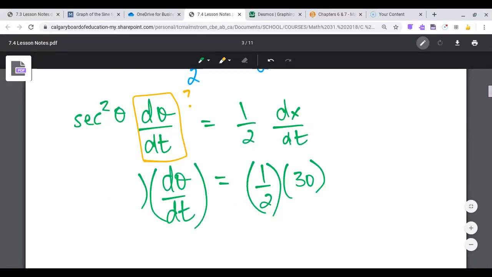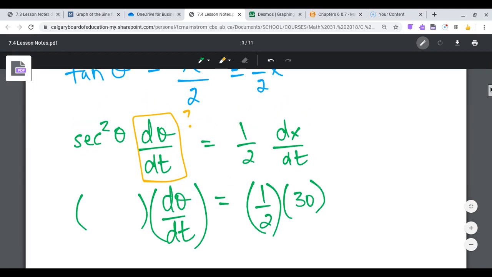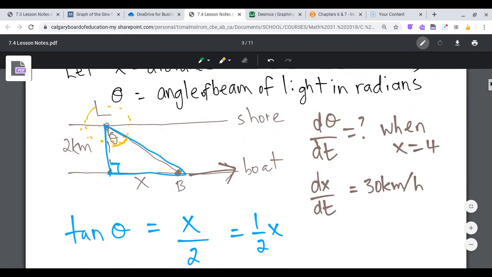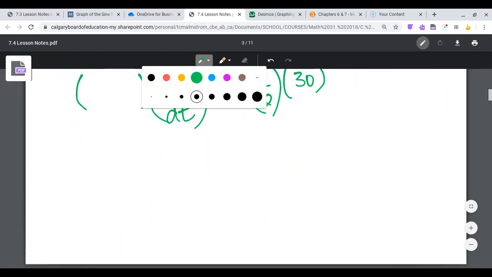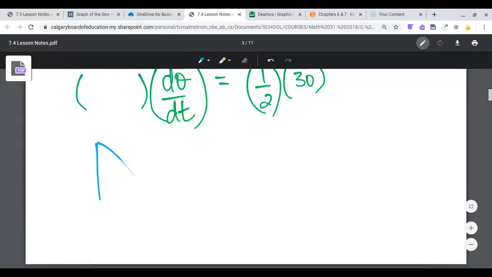So here we are again with this secant theta ratio that I need to know back from my diagram here. And this is where we're going to use this x is equal to 4 piece. So I'm going to redraw my triangle again like I did in the previous question. So at the instant when x is equal to 4, the vertical was 2, and here's my theta.